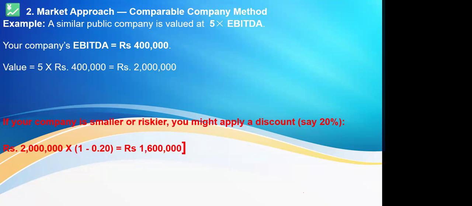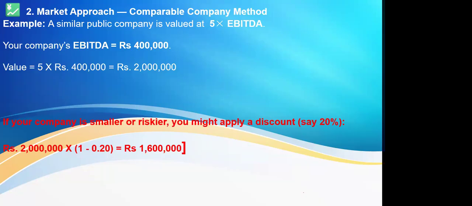Whatever method you can apply. I told you the company EBITDA means earnings before interest, tax, depreciation and amortization. Again, there is a lot of variation to this. Some companies can use earnings as profit after tax, which is called PAT. Sometimes profit before tax. So it is up to you to decide.